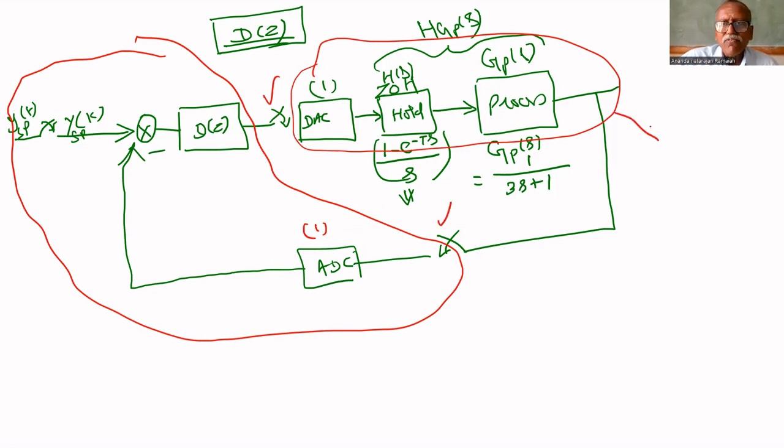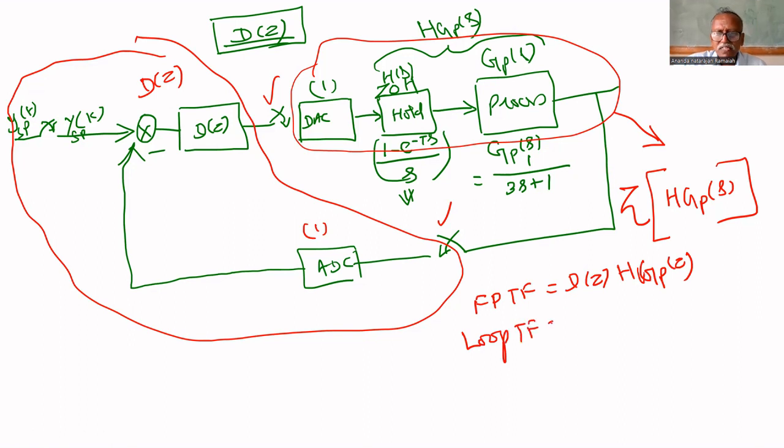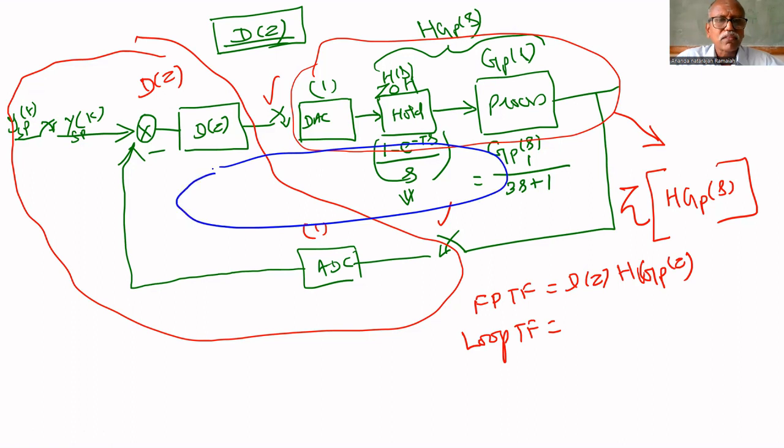The Z transform of this part is the Z transform of HGP of S, that is HGP of Z. The Z transform of this part is T of Z. Therefore, the forward path transfer function is D of Z multiplied by HGP of Z. For the loop transfer function, we have to consider this closed path.